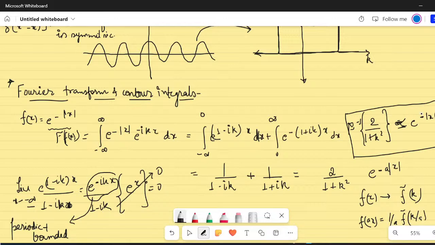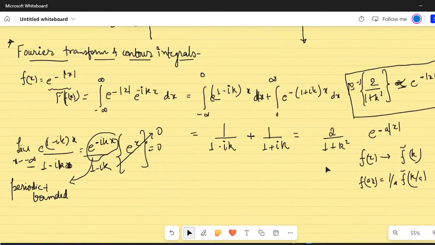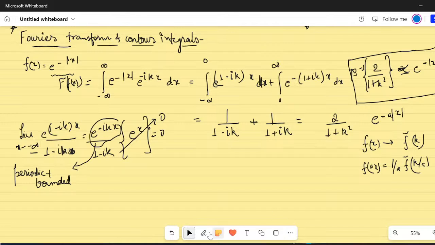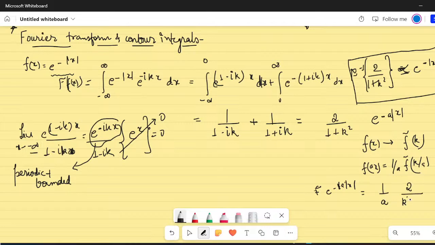So if I want to write the Fourier transform of e to the power minus a modulus of x, it will be equal to 1 upon a, and f tilde k upon a is simply 2 upon k square plus a square, and then you have an a square here.